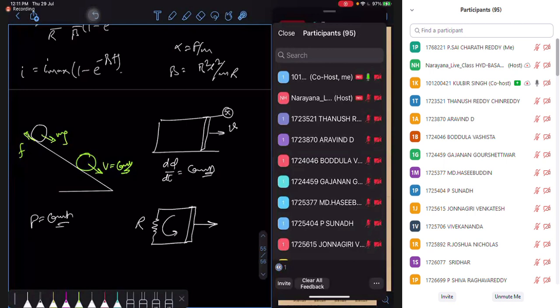So EMI is the one phenomenon, and this phenomenon tries to oppose the flux change. It is in line with the other phenomena, and these other phenomena plus EMI together decide the equilibrium, right? I hope you understand the point.